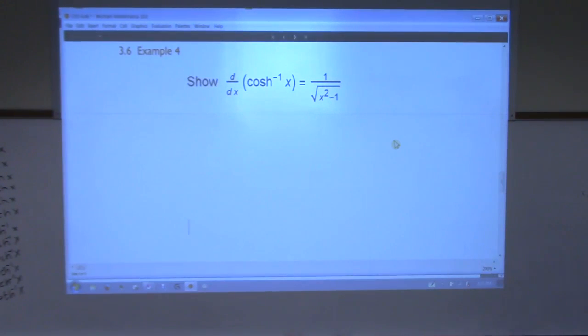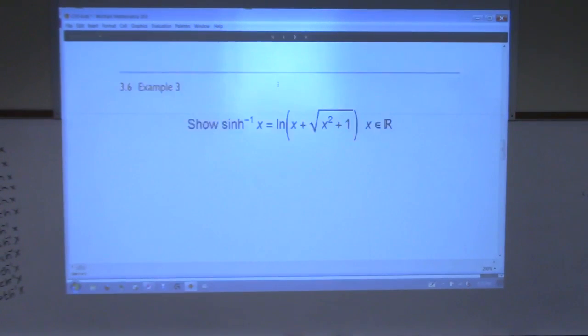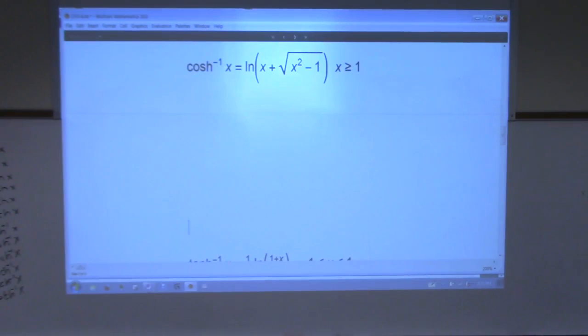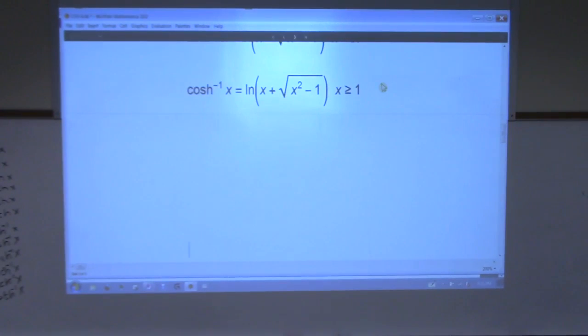Are we doing the derivative of cosine is 1 over sine hyperbolic? I mean sine. But this is the inverse, right? All we need to do is go up to this right here. There's our cosine hyperbolic inverse function, right? That's the definition of it.